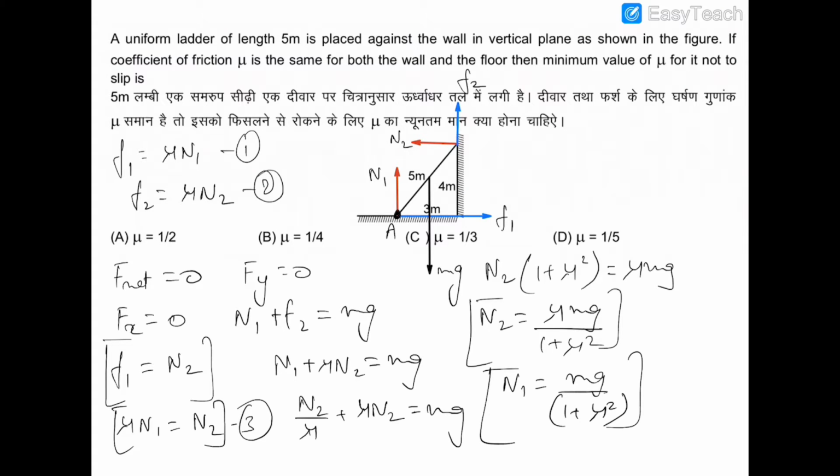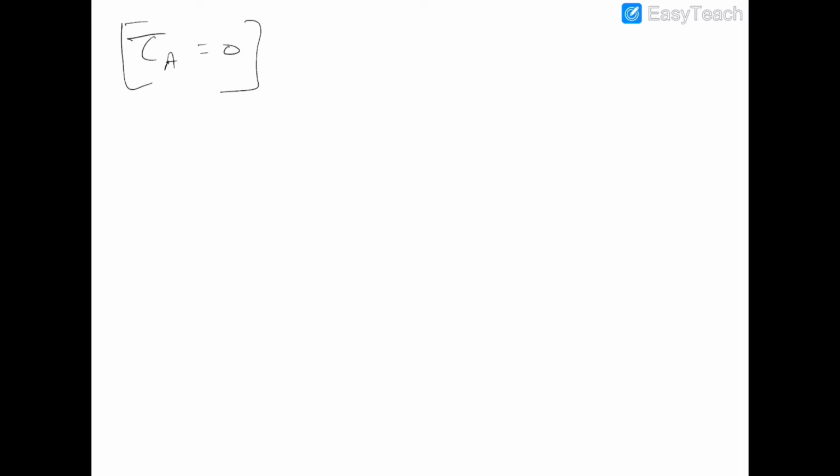So the torque of forces N1 and F1 would be 0 because they are itself passing through point A, and therefore their torque would be 0. And the torque of F2 would be this F2 into perpendicular distance, and this distance would be 3. So torque of F2 would be F2 into 3.